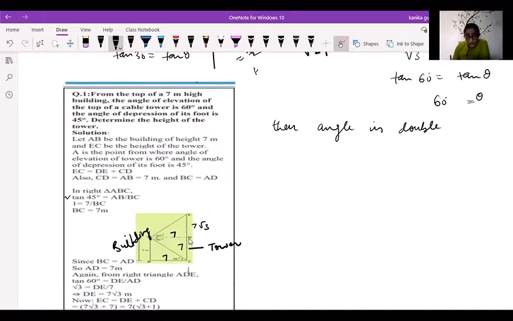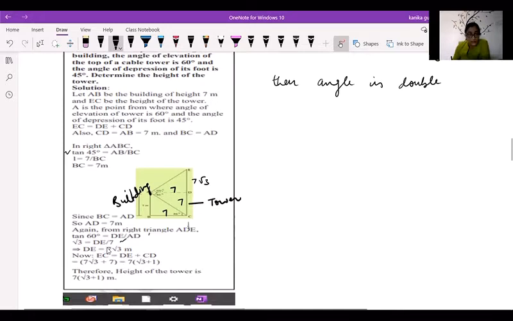ED upon AD, perpendicular upon base, is equal to tangent of 60 degrees. Tangent of 60 is root 3. So DE over AD, which is 7, equals root 3. Substituting, DE is equal to 7 root 3 meters.